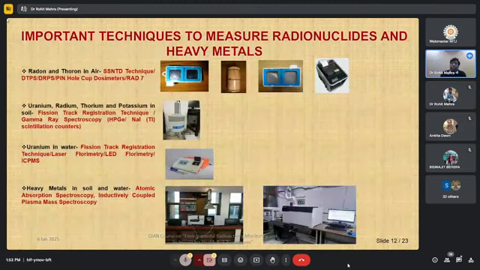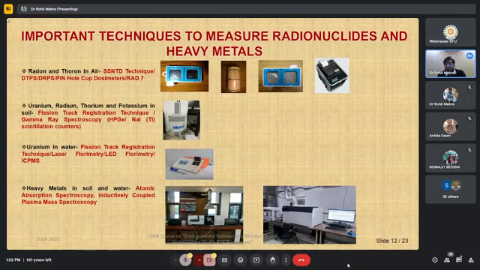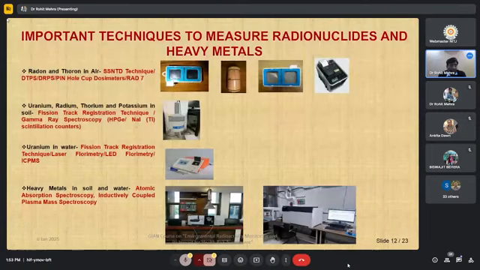Now, there are some important techniques to measure radionuclides and heavy metals. Here I am presenting the basic idea of those techniques. The details we will discuss in our next lecture. This is just the beginning of the course, where we give you an idea of what we are interested in. We are interested in measuring radon and thoron in air.